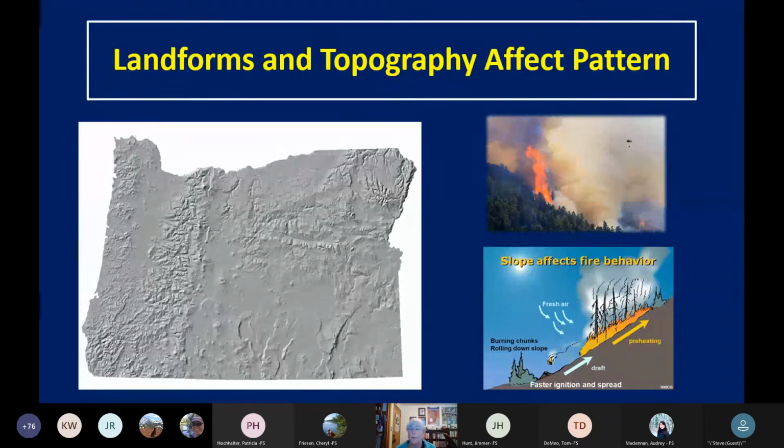And then as a fire is burning, the steeper the slope really influences the amount of preheating that fuels receive before the actual fire moves through. So it makes sense then, when we take a slightly larger ecosystem look at things, that the arrangement of those aspects and slopes in the form of landforms would really affect how fire moves through the system and what the fire effects would be.